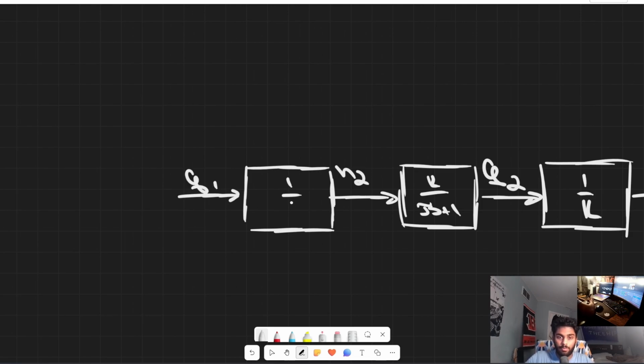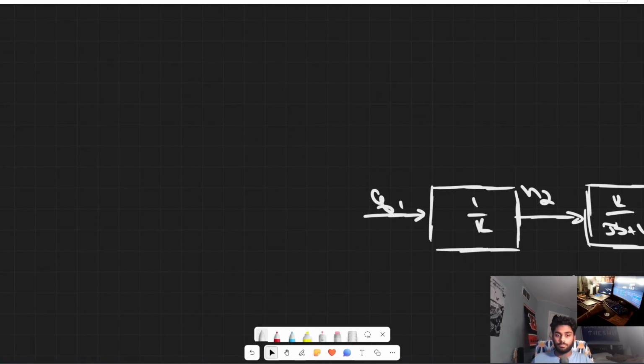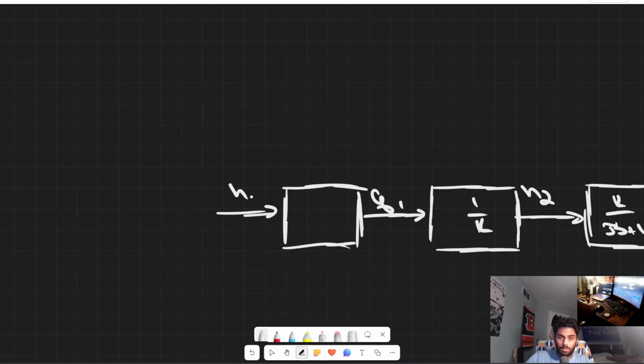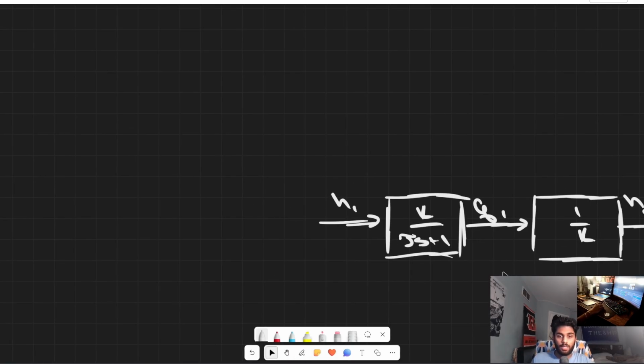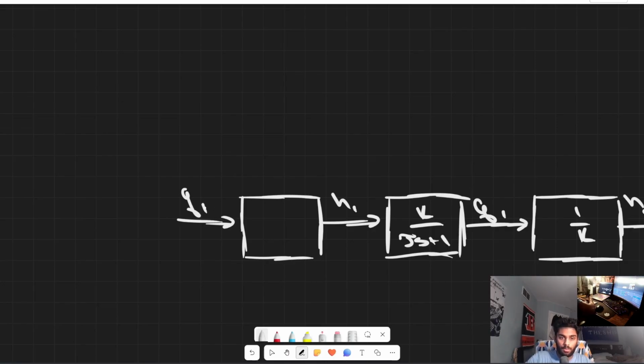That's going to be defined by 1 over K. And before Q1, we have a height 1 that is defined by K over tau S plus 1. And then feeding into our height 1 is our Qn. So we use 1 over K to get over.